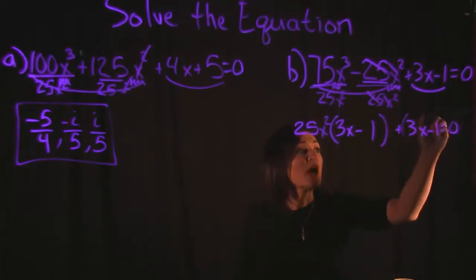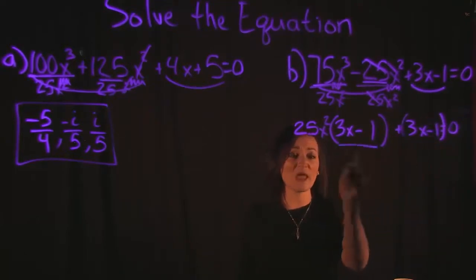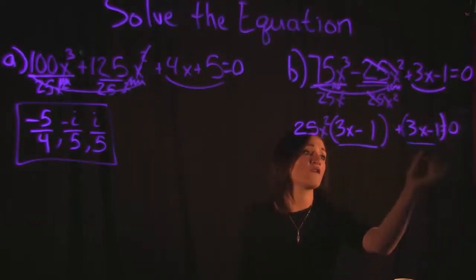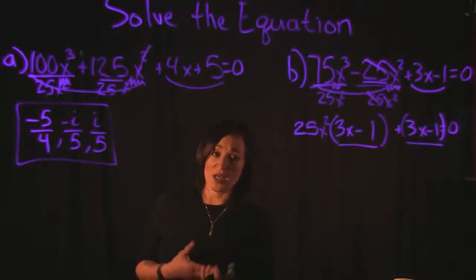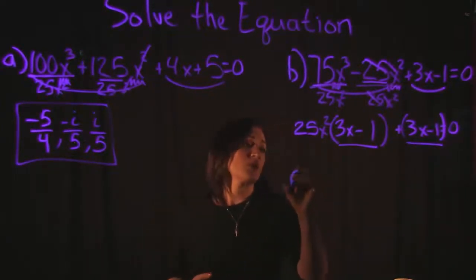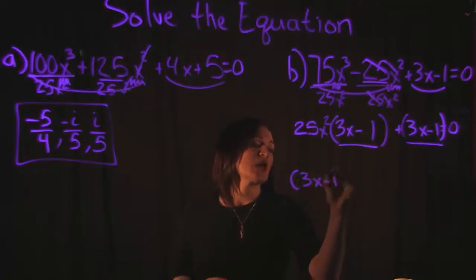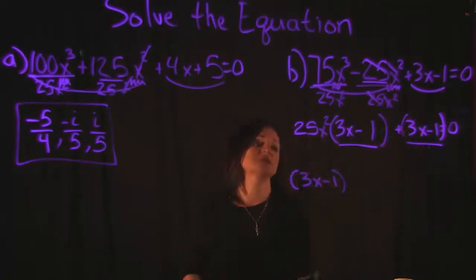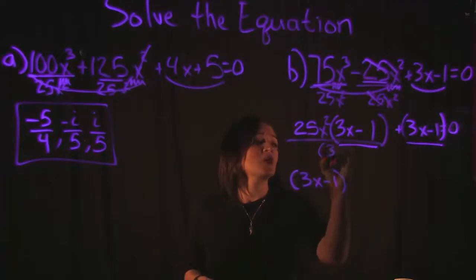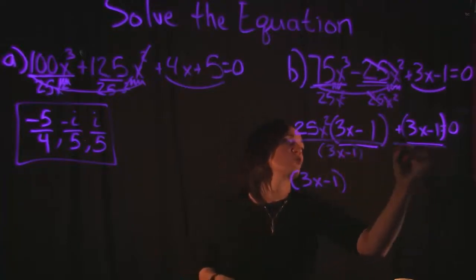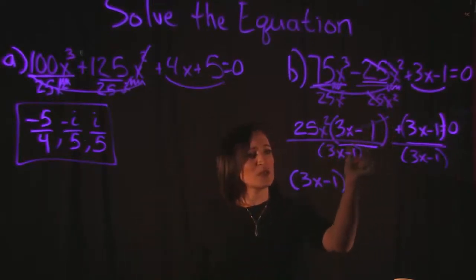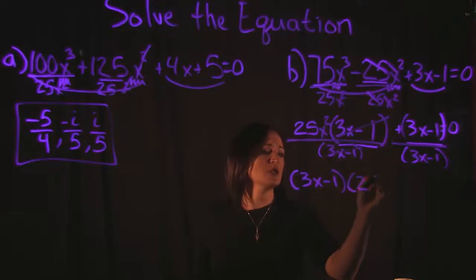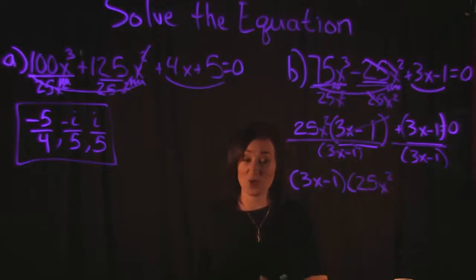Which is actually fine because that happens to be what we have inside our parentheses for our first grouping. So we still have the 3x minus 1 in common. Then we're going to pull out that 3x minus 1 to the front, and divide it out of each one of our groupings to see what we are left with. When we do this division, 3x minus 1 cancels with 3x minus 1, leaving us with 25x squared.